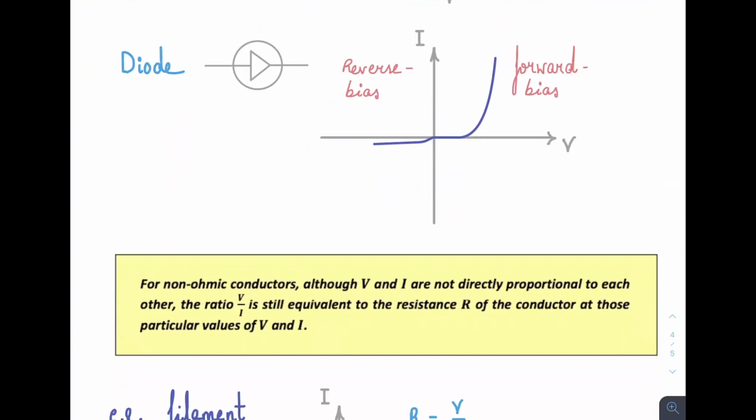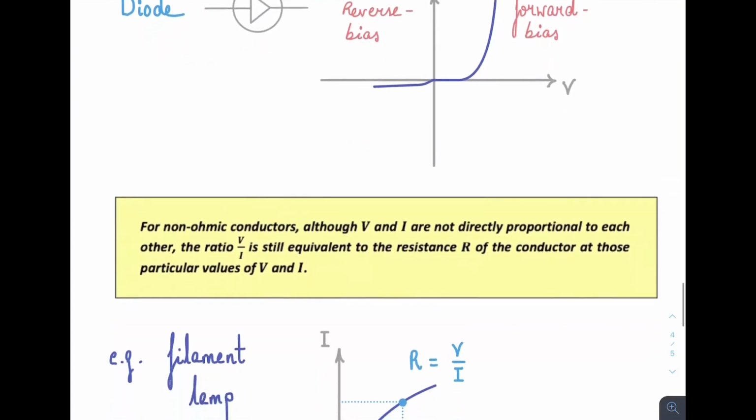This is shown by the sharp increase in the graph. It is very steep. On the other hand, the current nearly drops to zero when the PD is reversed and the diode is said to be in reverse bias. The diode will be treated in much more detail in a separate topic called semiconductors.